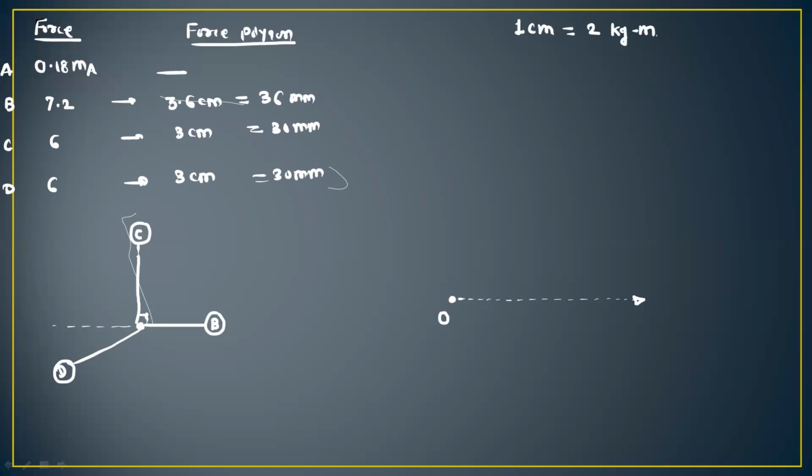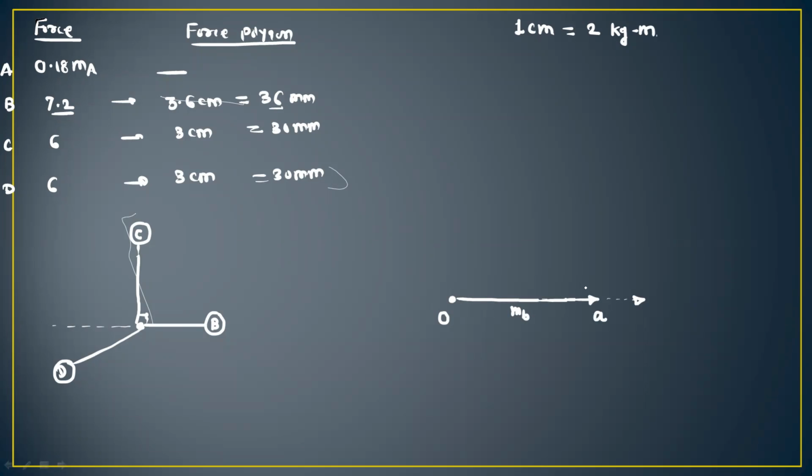Okay. Now start from the origin. Draw the first vector, that is for the mass B. So its length is 36 millimeter, and this is the direction. Okay. So from this point, draw the vector at 0 degree on the right side, and its length will be 36. So this is for the mass B. Take this as OA.